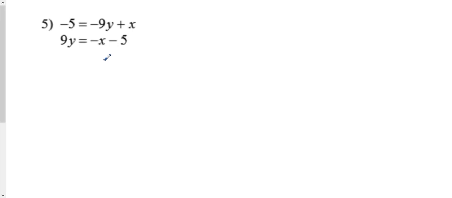The next ones are going to be mixed. So we're going to write them in the ax plus by equals c form, and we're not going to be concerned about whether the a is positive or negative. We're just going to line it up so we have a standard form we're using here.